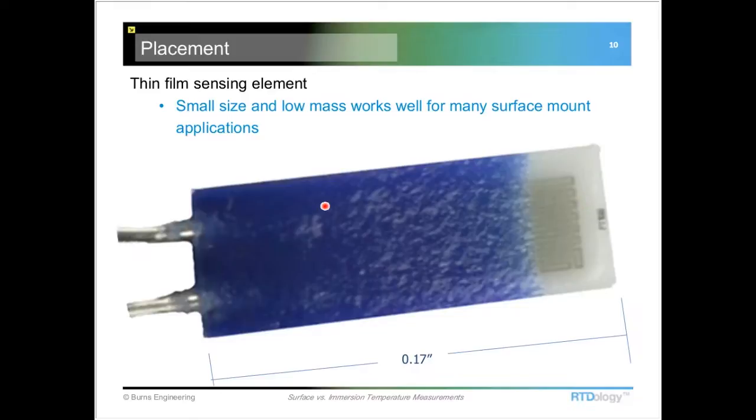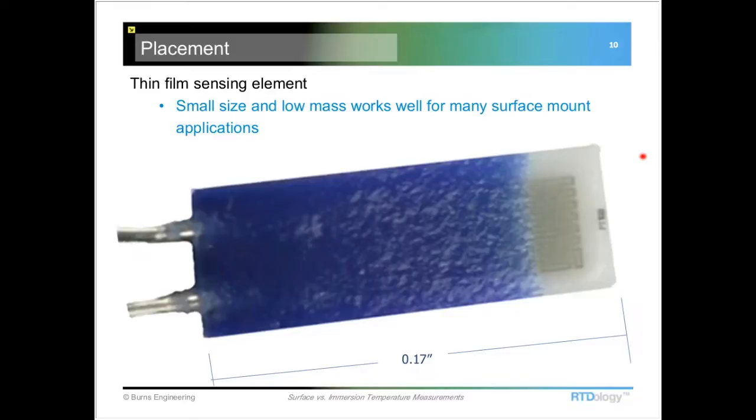And then the lead wires are connected to that platinum trace underneath this glass, this blue glass mixture here. So the reason these work really well is that they're very small, very low mass. You can attach those to a surface very easily.